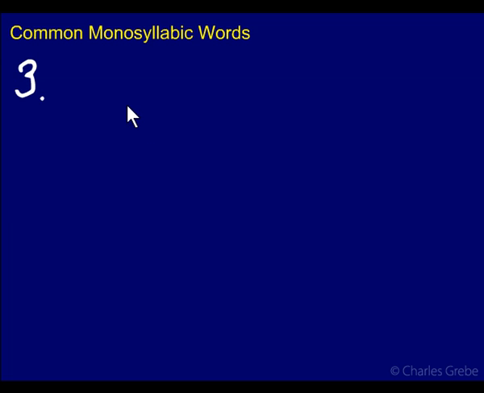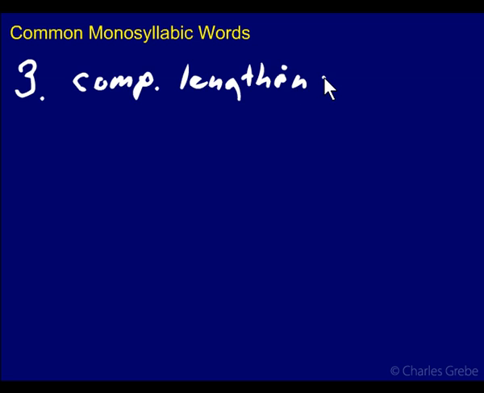Let me just write at least an abbreviation here: compensatory lengthening. If you go back to the module on the article with weak letters, you'll remember that this was covered there, or implied doubling.